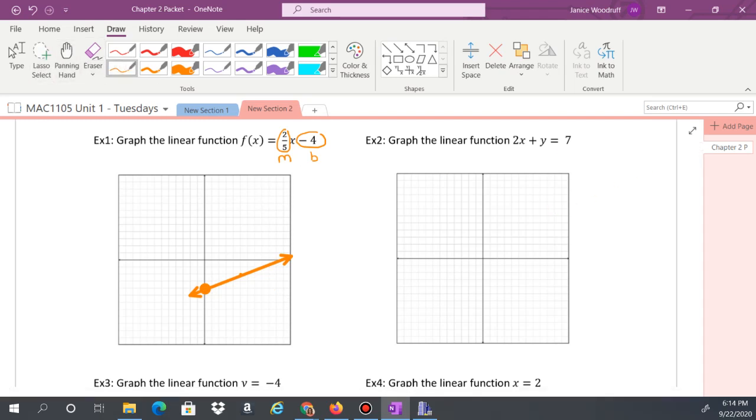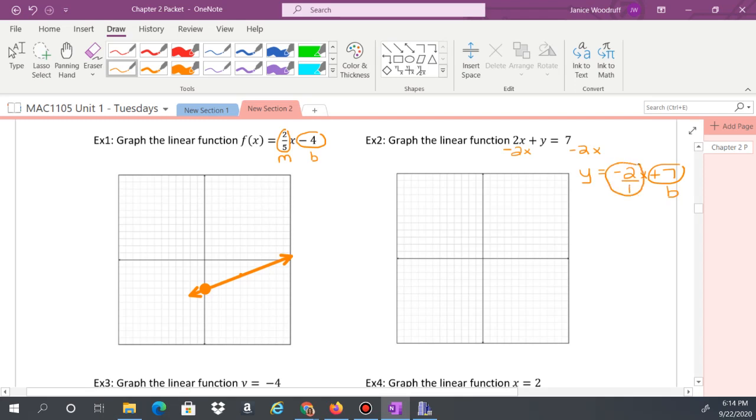So in this next example, we want to make that in y equals mx plus b form if it's not already like that. So we would take the 2x and subtract it from both sides. So there you're getting y equals negative 2x plus 7. My y-intercept is a positive 7. That's my b. This is a whole number, so I'm going to put it over a 1, so I have a run.